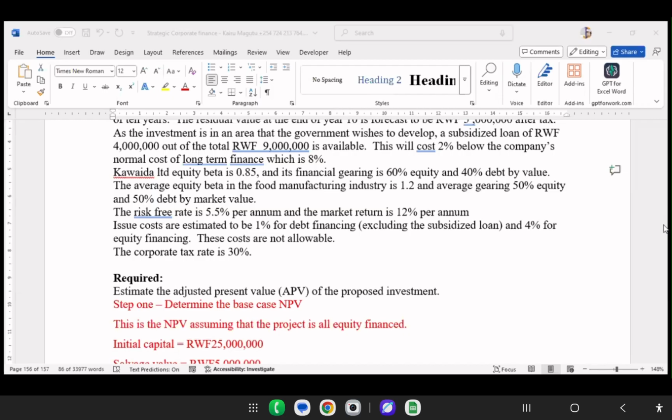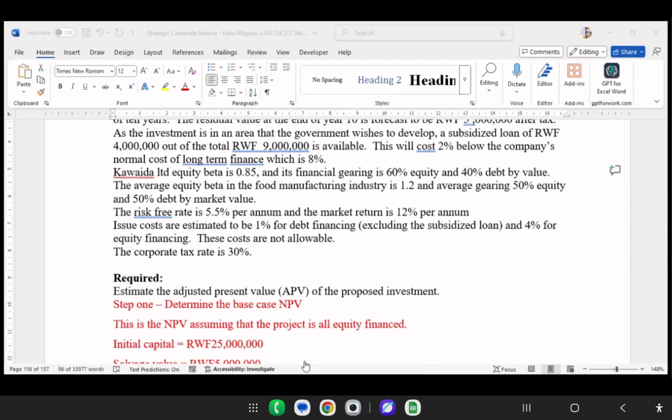So we are saying food beta, industry beta, the food industry, because we are investing in the food industry. All people are in agreement that it is industry beta.